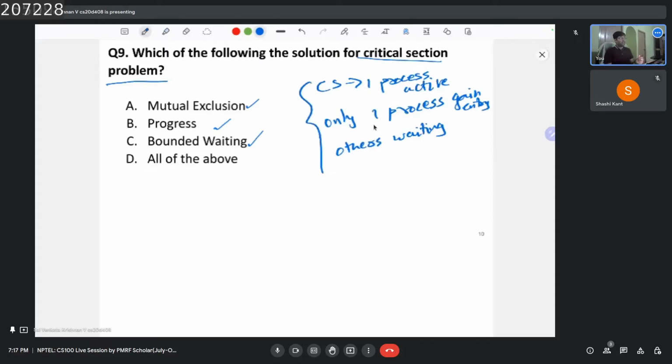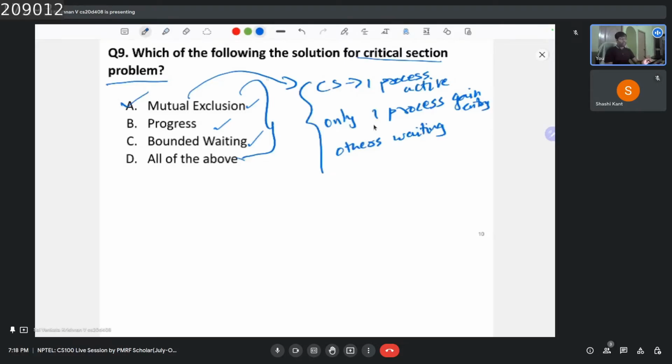And if you have gone through the lectures, in fact all these three concepts, mutual exclusion, progress and bounded waiting, all these three principles are required to solve this critical section problem, because mutual exclusion is important for this critical section, because only one process can gain entry into the critical section and is active at any given time.